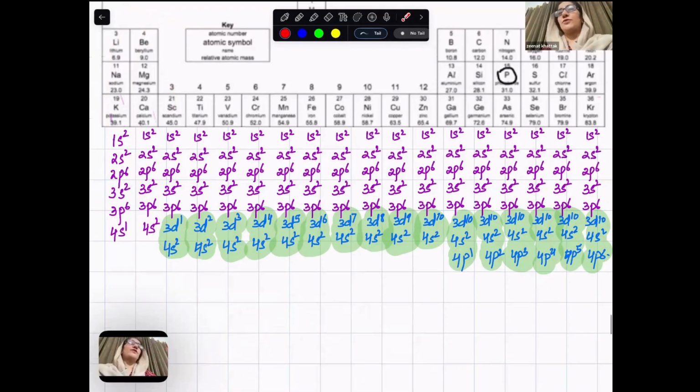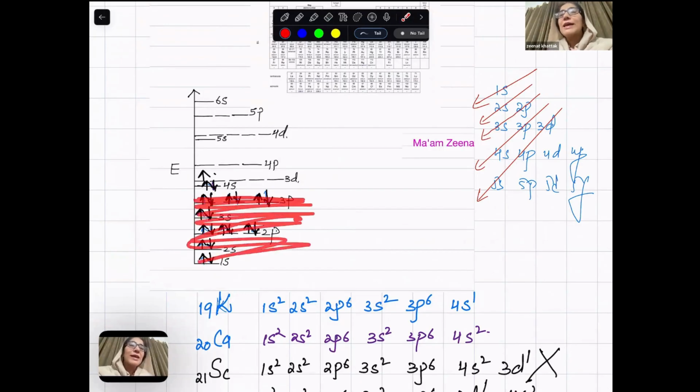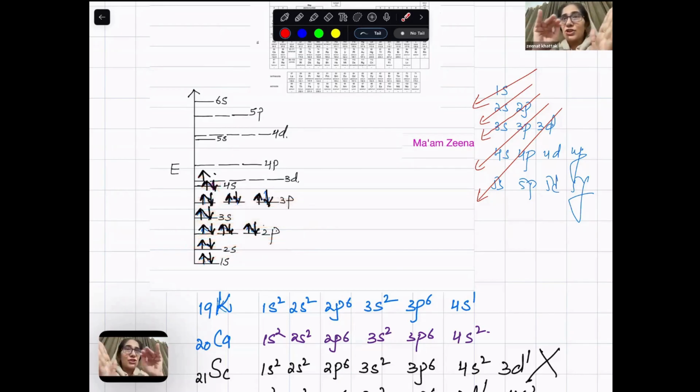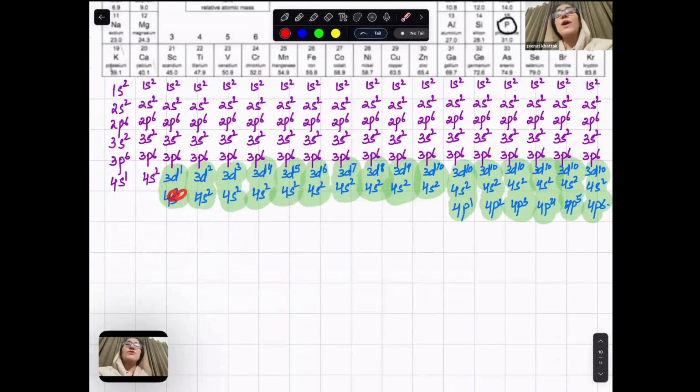So what you are supposed to know is that after 3p, after 18 electrons, the first electron enters 4s, and then electrons enter 3d. Once an electron enters 3d, due to inter-electronic repulsion, the 4s is above 3d. So you have to write 4s as the outermost. Why? When you make an ion, which electron do you remove first?